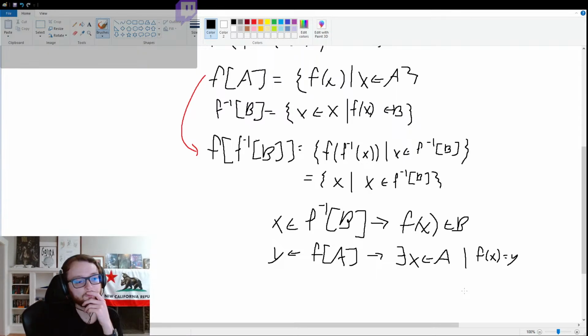So we want to name an element in B that f does not map to. What would an inverse function do with a point like that?